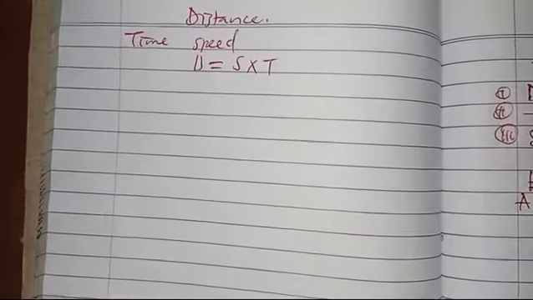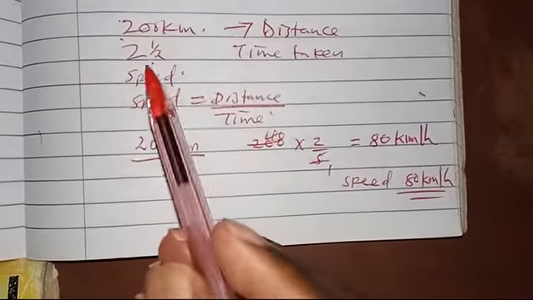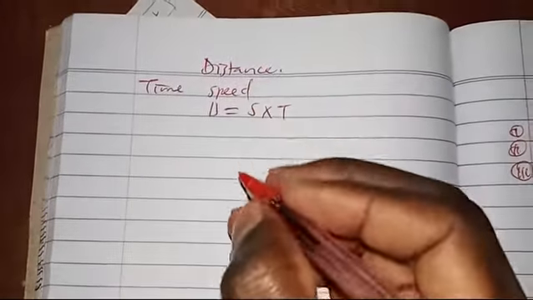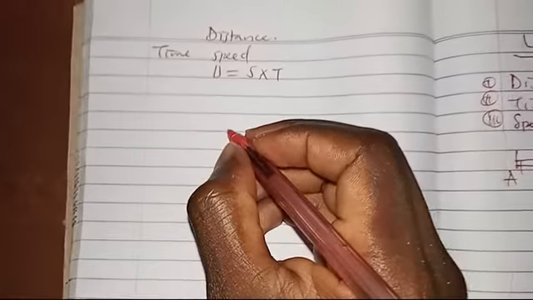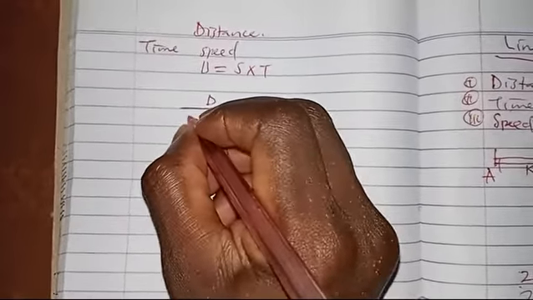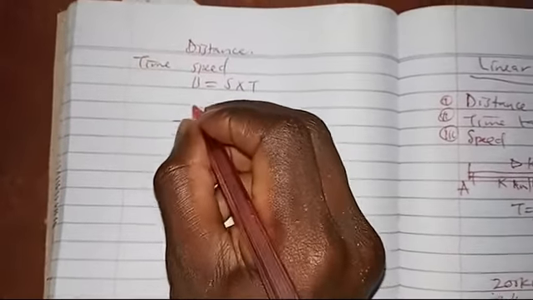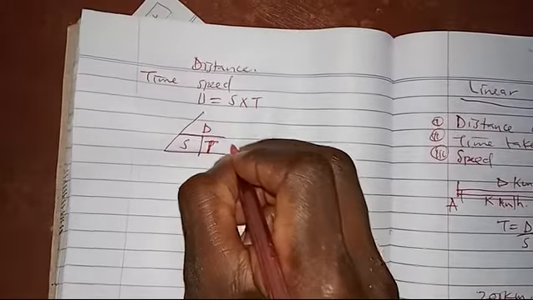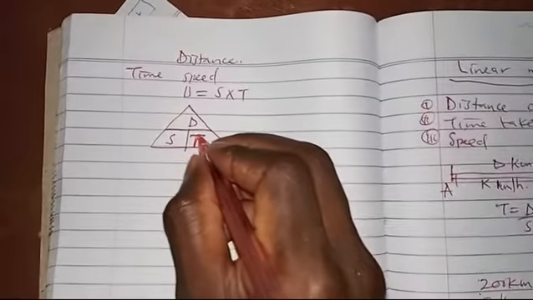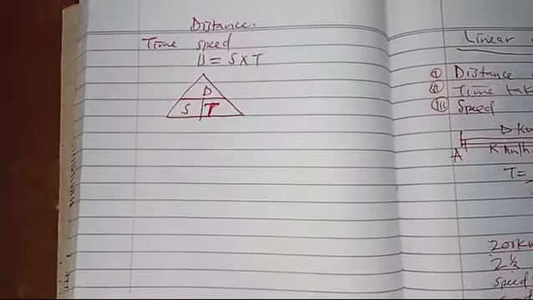By just looking at this formula and the formula here, you are able to come up with one general formula that you can use to calculate all of them: distance, speed, and time. So you can just come up with this small triangle. It will help you very much when calculating for distance and time.